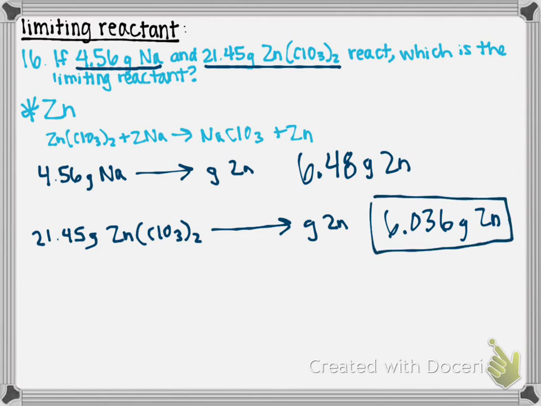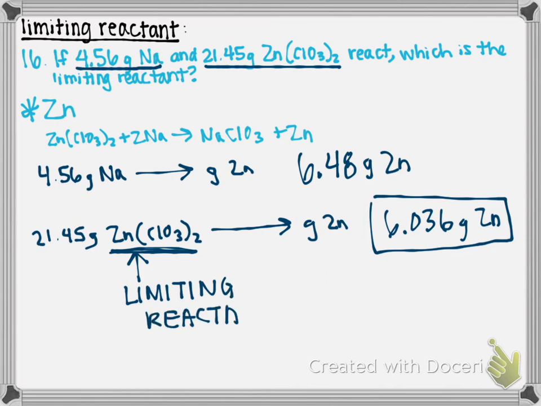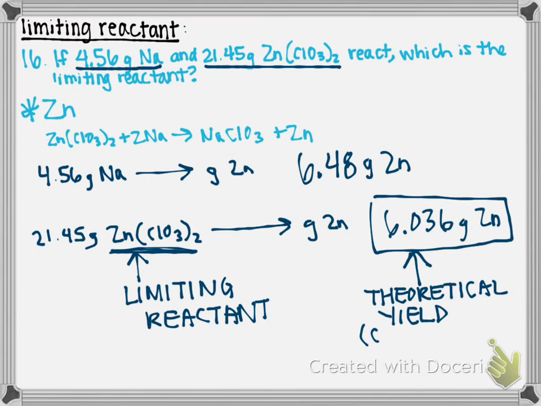This number is smaller, and so that means the reactant that made that is your limiting reactant, meaning it limits you from making any more than that amount. And the smaller amount of product is also called your theoretical yield, which is what you calculated.